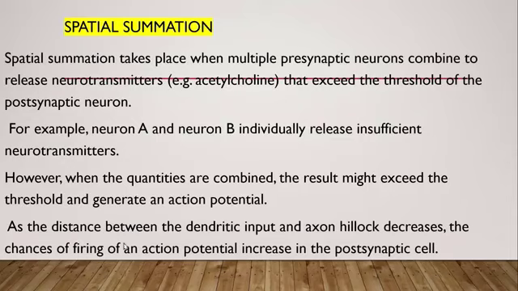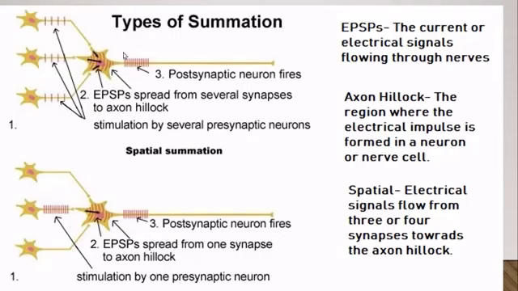As the distance between the dendrite input and the axon hillock decreases, the chances of firing an action potential in the postsynaptic cell increase. Here you can see we have types of summation. This is the spatial summation, and here is the summation of one presynaptic neuron, which is a type of temporal summation.